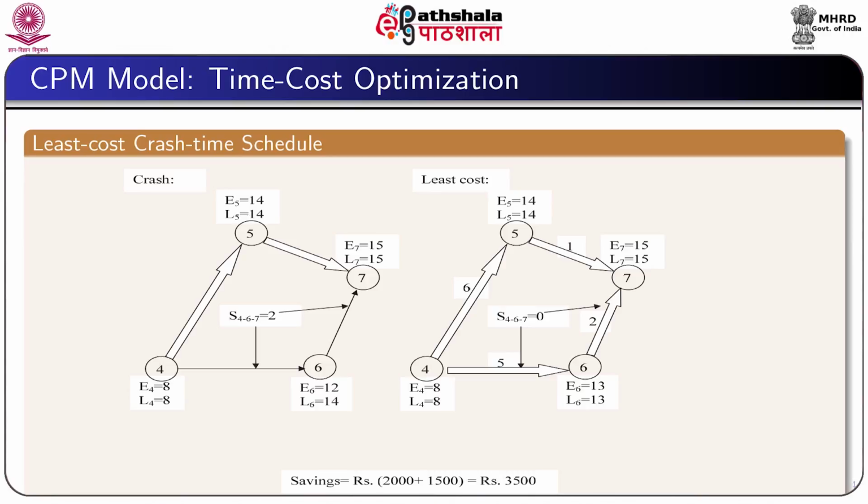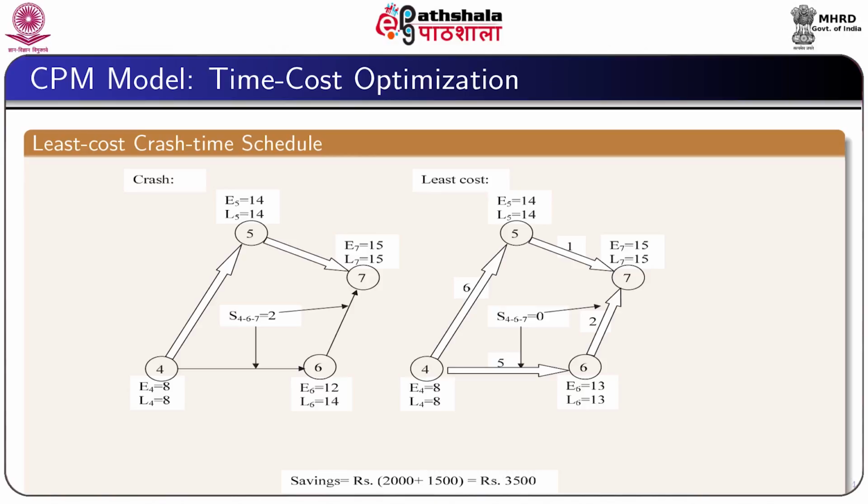The cost saving in the activity 4, 6 is 1,500 and the cost saving in the activity 6, 7 is 2,000. Since the cost saving in the activity 6, 7 is more, we will try to extend the activity time of the activity 6, 7 as much as possible.